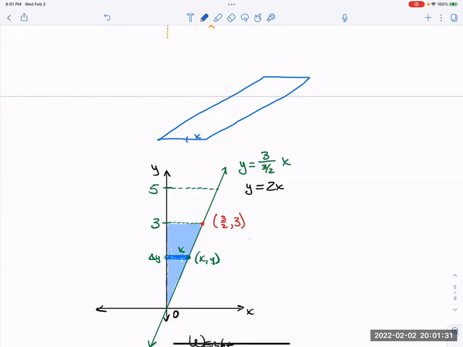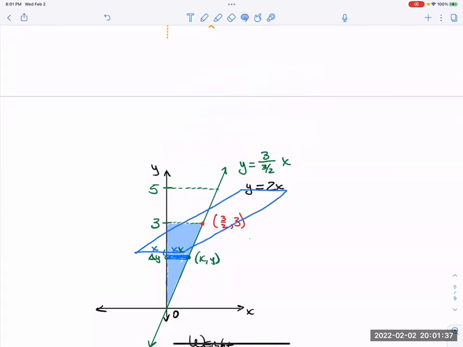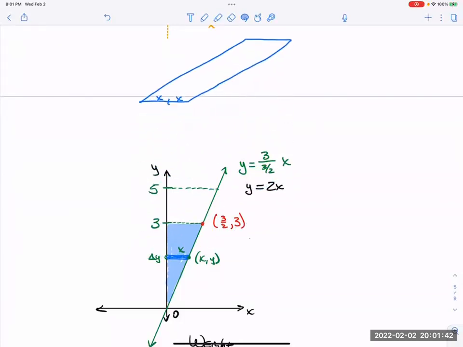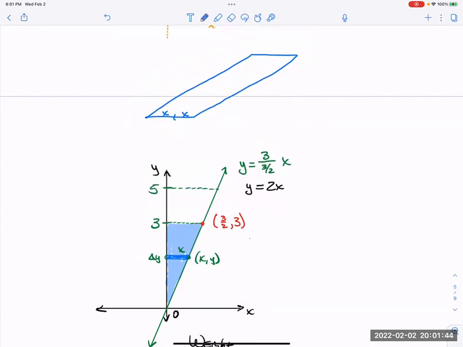That means over here, by symmetry, this also must be x. So when I take this partition and put it right here, you can see it's x and x. Now this partition also has a little tiny height, like this. Now what's this little tiny height equal to?